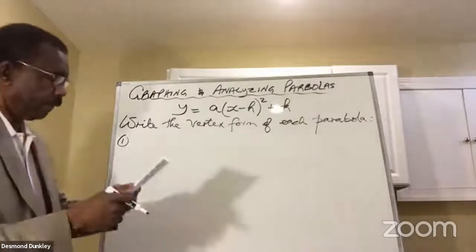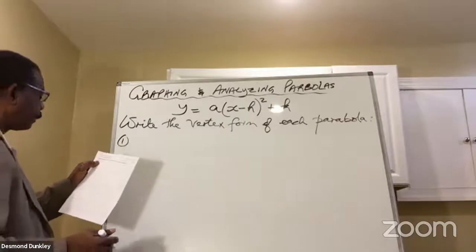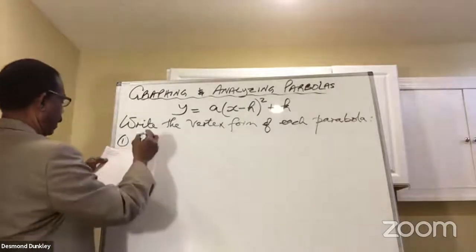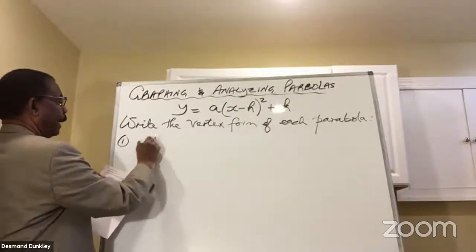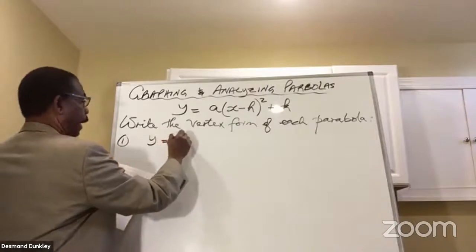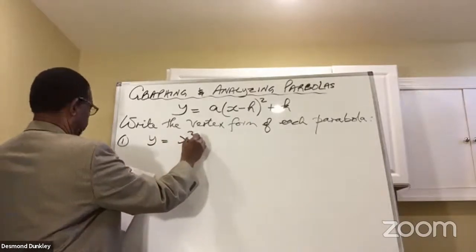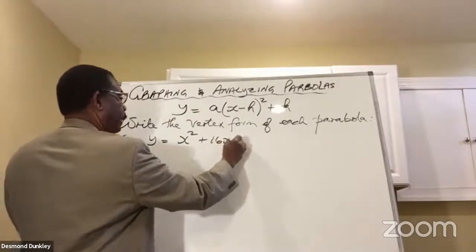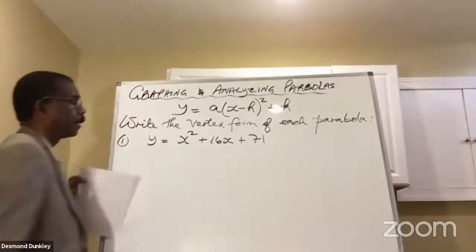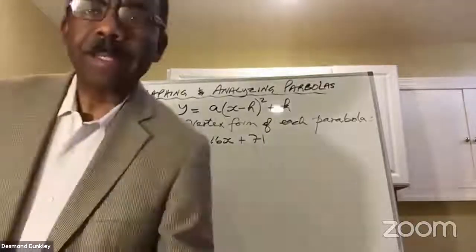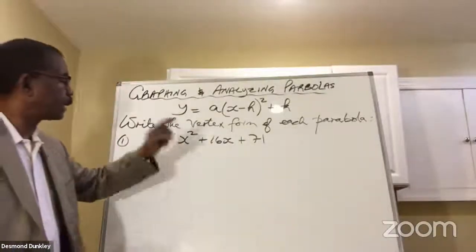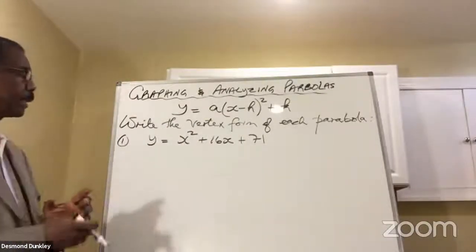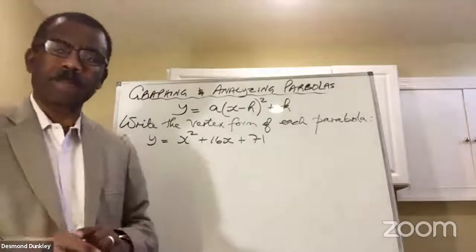The first one is y equal to x squared plus 16x plus 71.